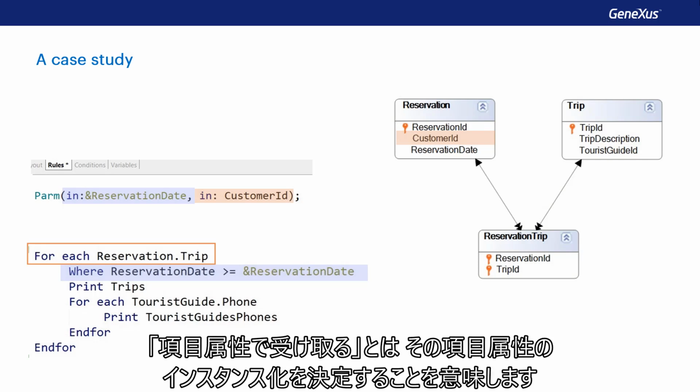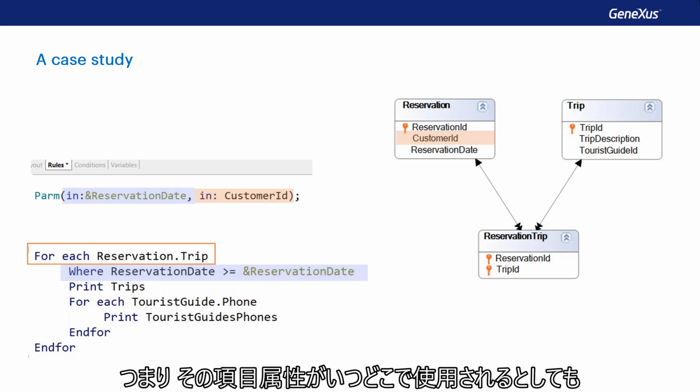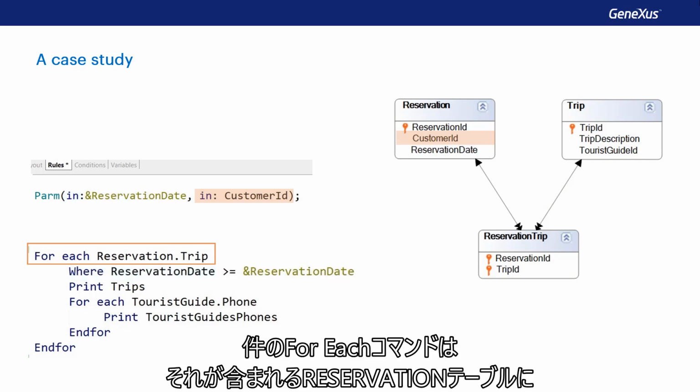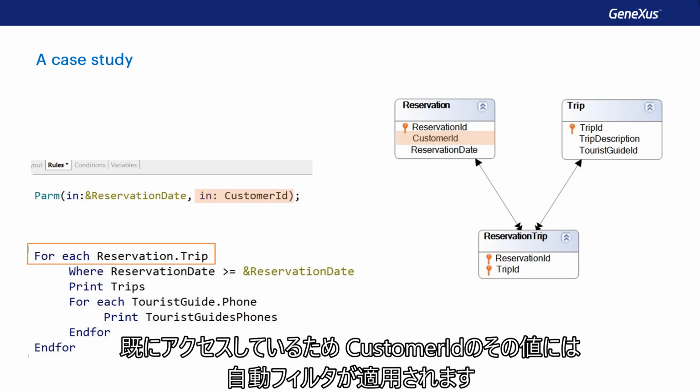Remember that to receive in an attribute is to determine that this attribute will be instantiated. In other words, whenever that attribute is used anywhere, it'll be used with the value received when the object was invoked. Since the forEach command being examined already accesses the reservation table containing it, an automatic filter will be applied for that value of customer ID.